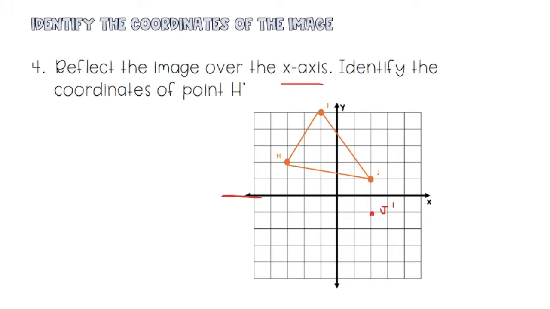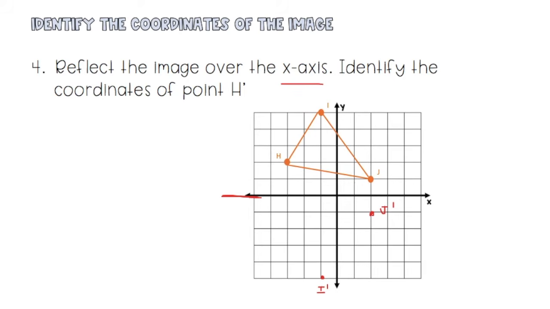And I'm going to label it with an apostrophe so that I know that it's a copy. If point I is located at (-1, +5), it is now going to be located at (-1, -5). And point H is located at (-3, +2).